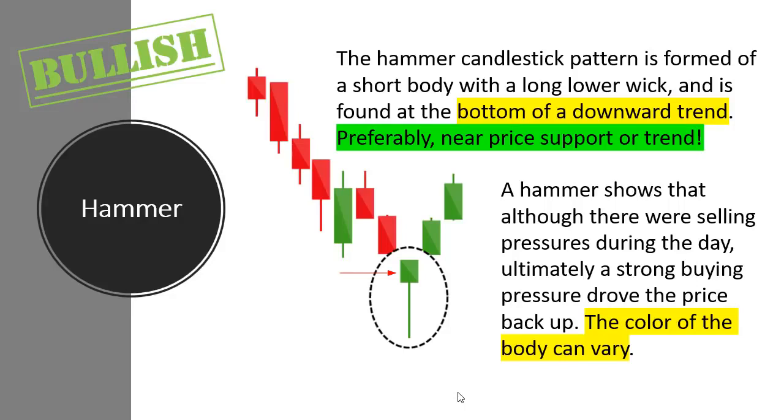Okay? So you have to be really, really careful with this. What I always do with something like this is, if I see the hammer, I just place a price alert across there. And I wait for that to give me the signal that we're going to follow through and cross to the upside.